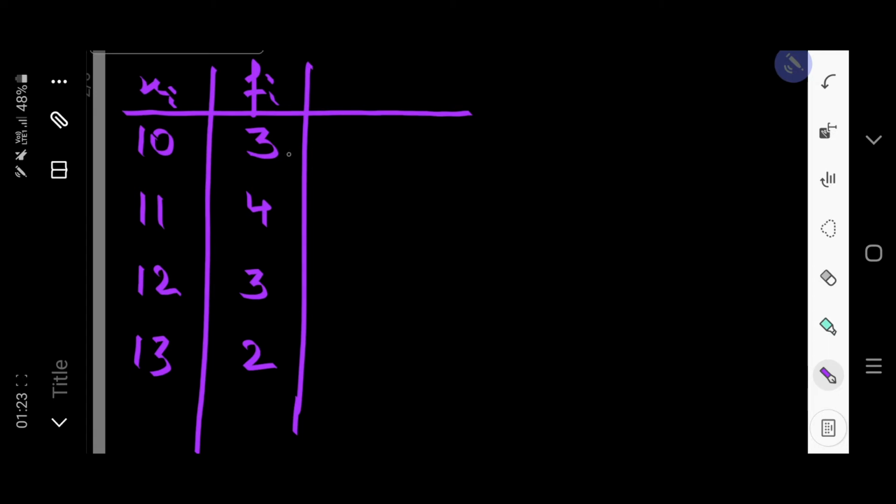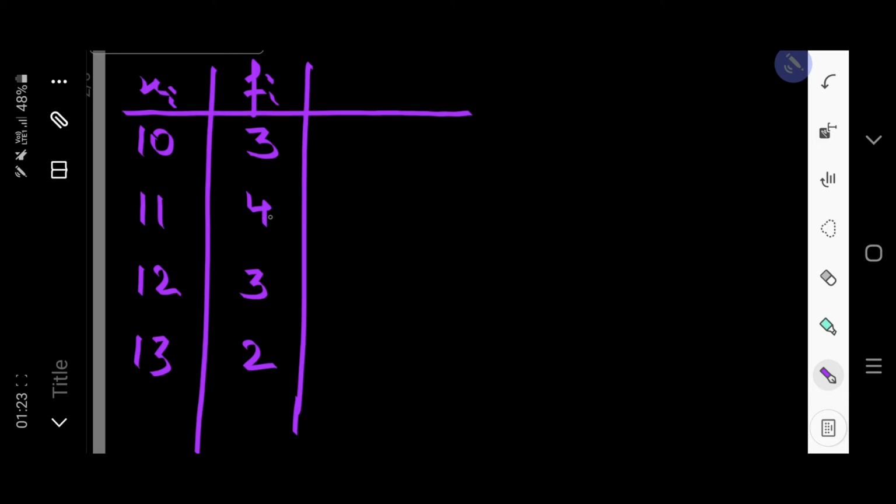So f1 will be 3, f2 will be 4, f3 will be 3, and f4 will be 2. This way we are provided with the data points and the frequency for those data points. So here, as we know, the data point 10 is occurring 3 times, this is the frequency of this data point.